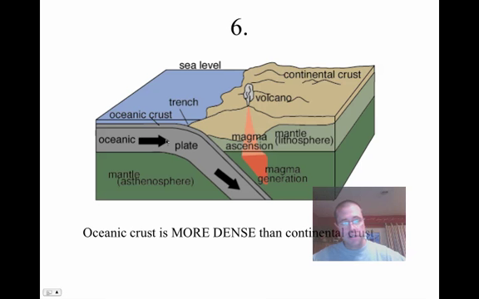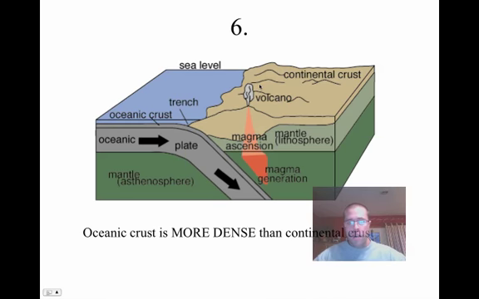In this case, the oceanic plate, piece of crust, is sinking beneath the continental piece. Okay, this diagram would be a great example of subduction, because we're seeing this plate subduct down, and it's creating magma, volcanism, and this volcanic mountain chain right here.